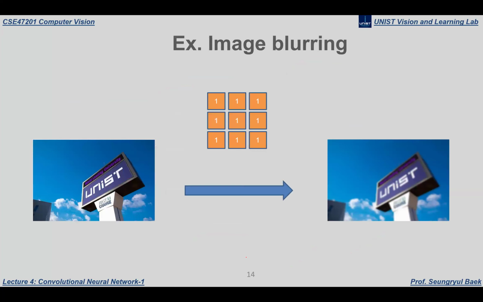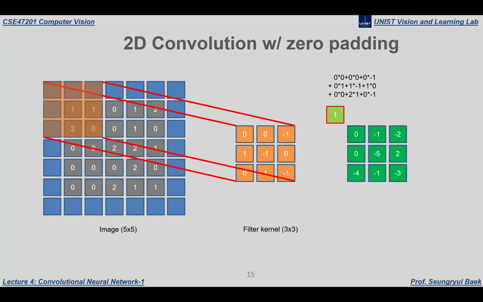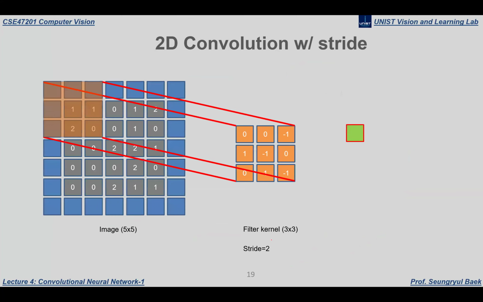And this is the convolution operation I mentioned. For image blurring or other types of filtering, we frequently use 2D convolution operations already. Zero padding was one parameter of the convolution, and also the stride. This is also an important parameter for convolution. If stride is one, we move this window one pixel at a time. But if the stride is two, then we move the window by 2 pixels.